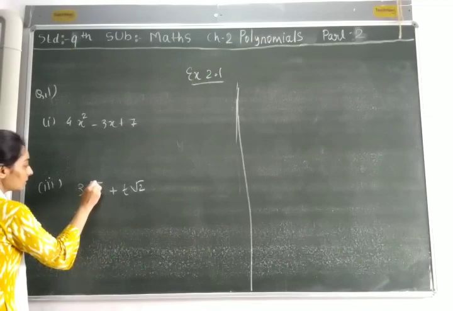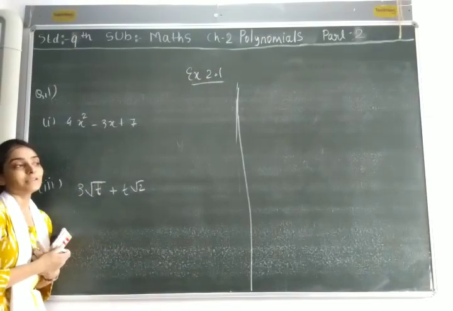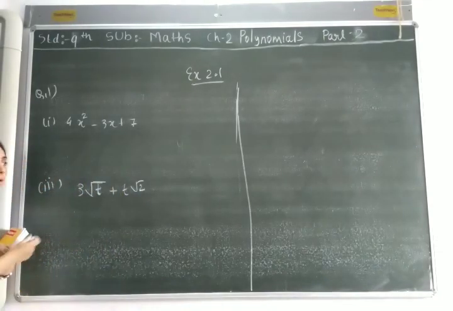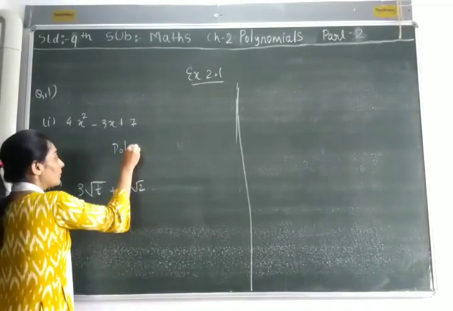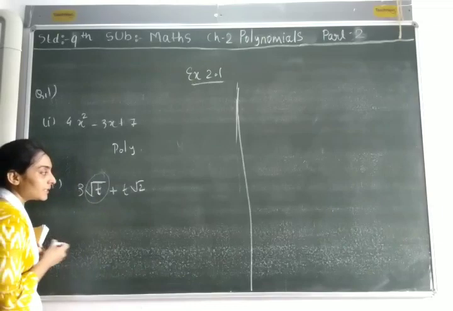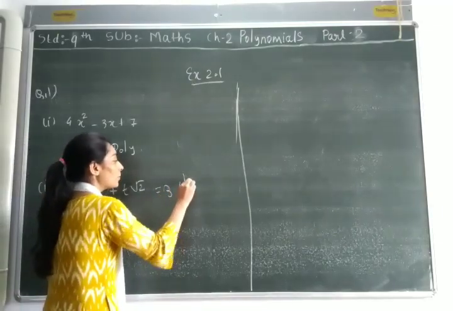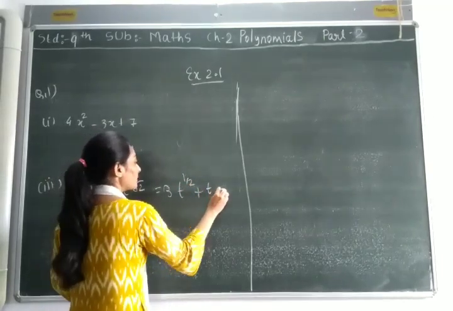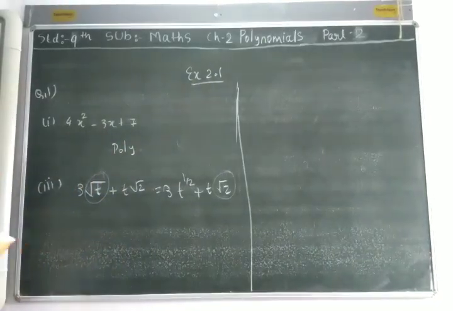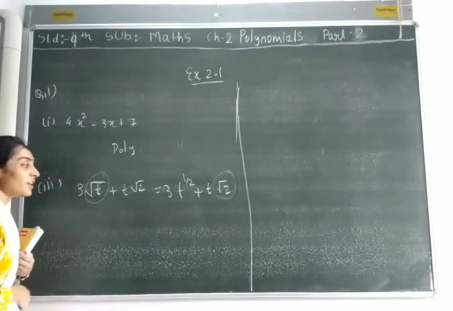Okay, so why are these examples important? We already know what a polynomial is. The variable degree should be a whole number. Now my variable degree over here is a whole number, so this one is a polynomial. Now observe the degree of this variable. It is t raised to 1/2, t square root of t. Hey, we did not talk about the constant. Constant can be anything. Okay. So here we have seen that the degree of the variable is 1/2.